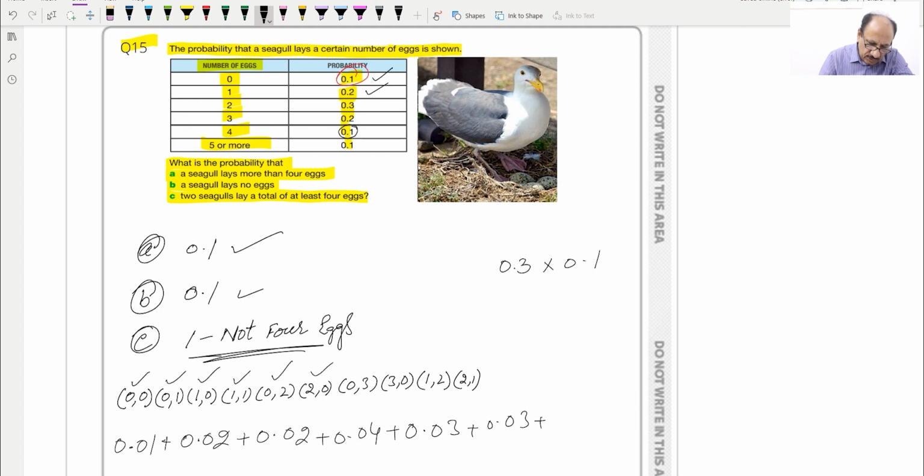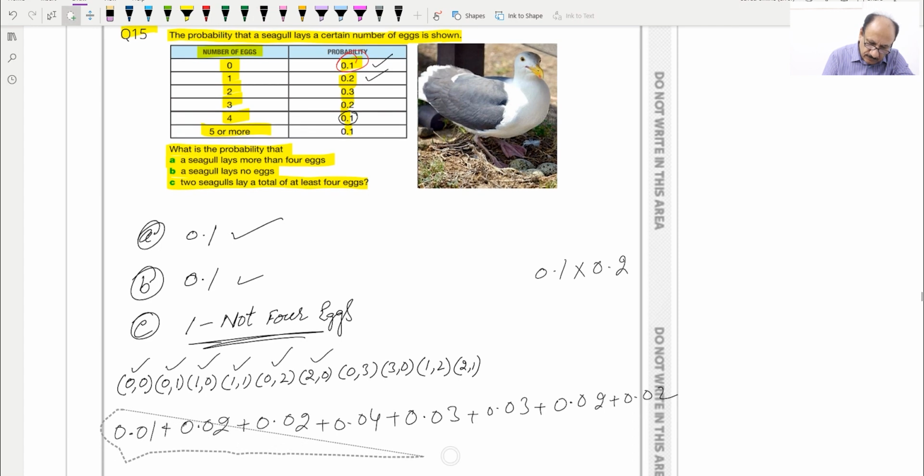Then 0 and 3: 0 is 0.1 and 3 is 0.2, so it will be 0.02, and 3 and 0 will also be 0.02.